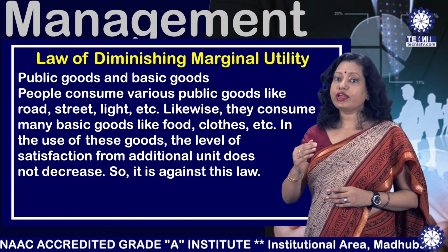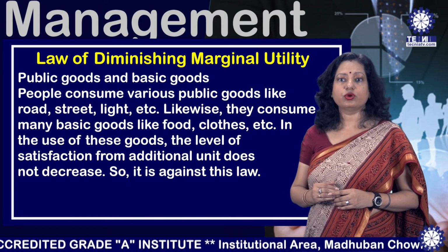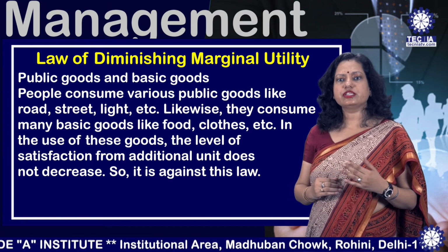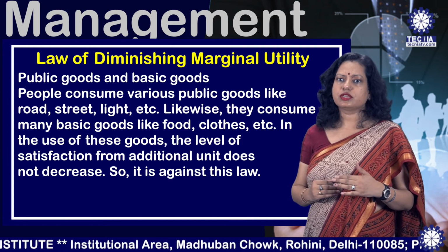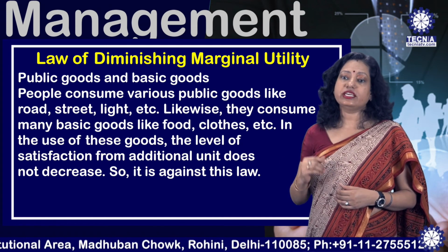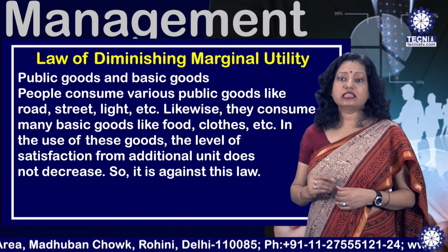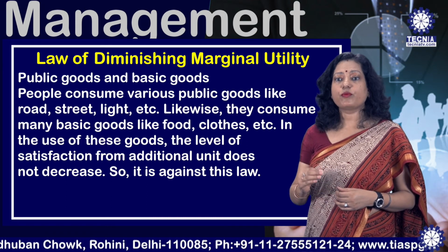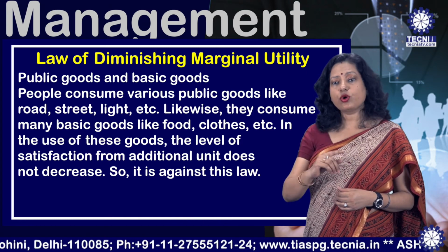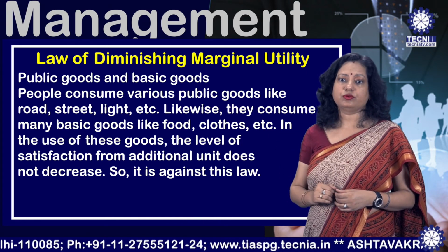People consume various public goods like roads, street lights, etc. Likewise, they consume many basic goods like food, clothes, etc. In the use of these goods, the level of satisfaction from additional units does not decrease. So, it is against this law.